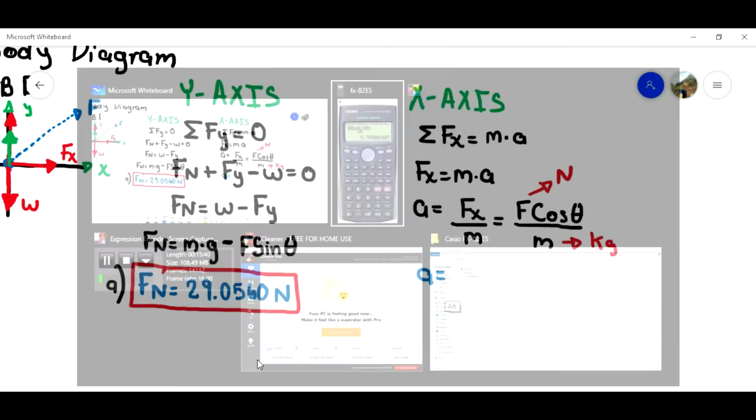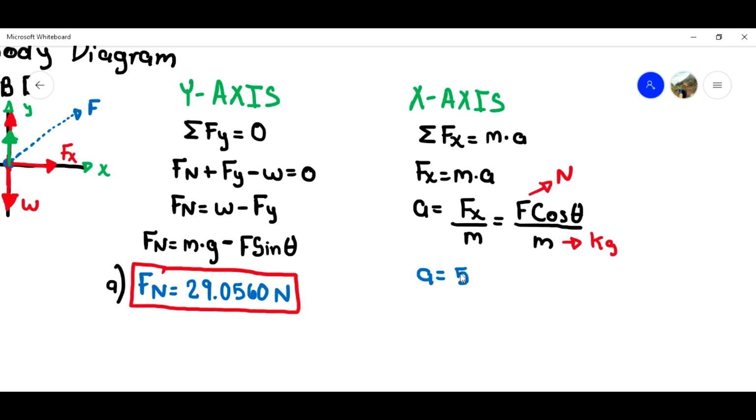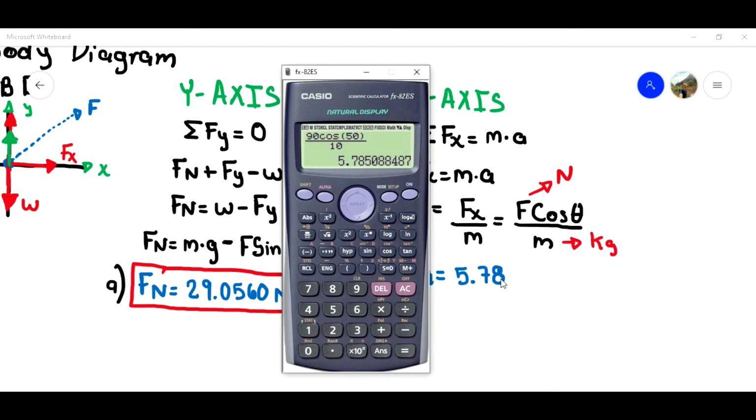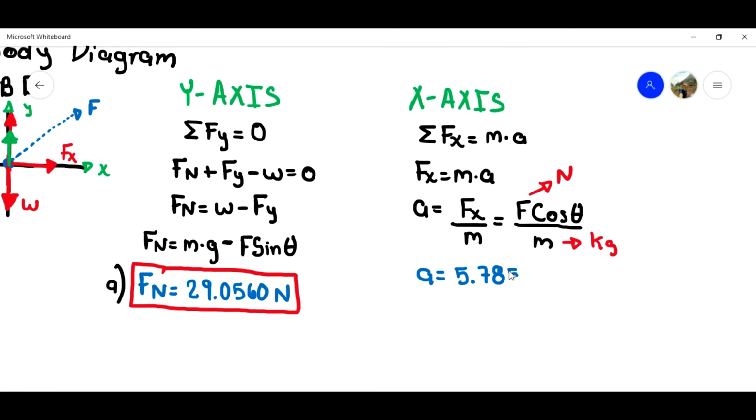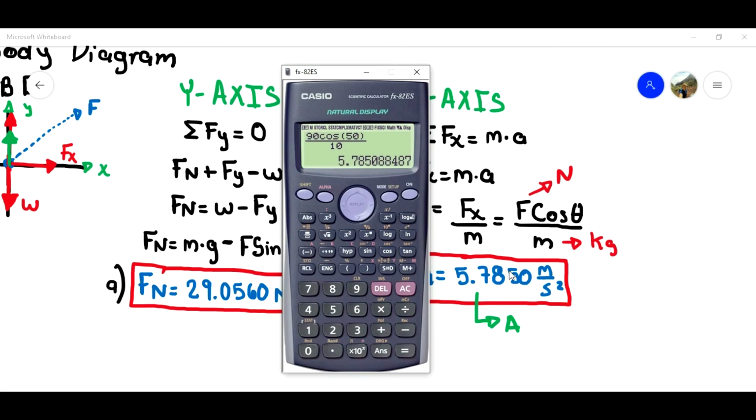So acceleration equals 5.78 meters per second square. I'm gonna circle this one. I'm gonna save it in my memory A of my calculator, Shift STOA.